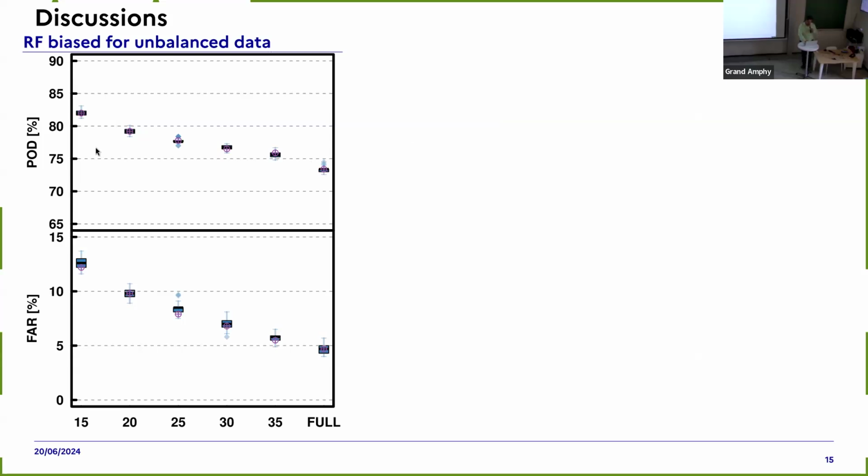Here you have the POD for different balances: 15 to 1, 20 to 1, 25, etc. And you see that if you increase the ratio of zeros, the probability of detection decreases, but the false alarm also decreases. So I took 25 because it was somewhere in the middle of that.